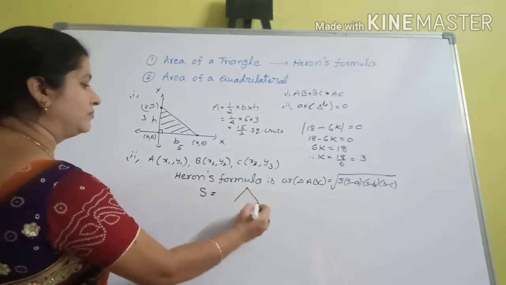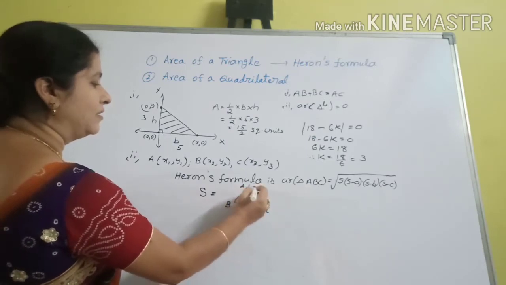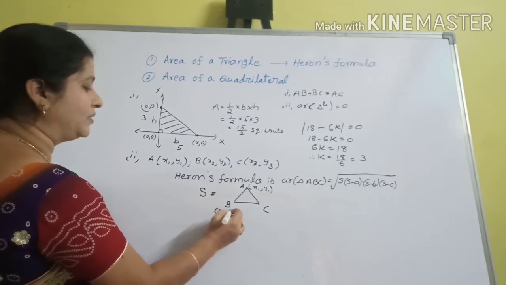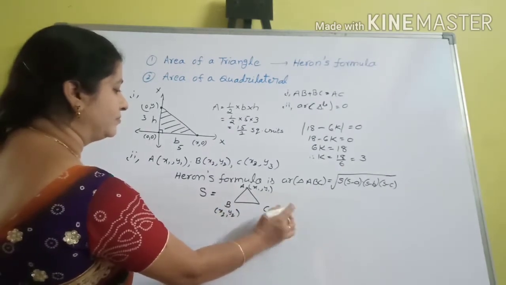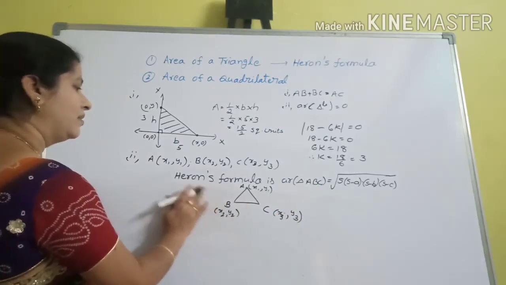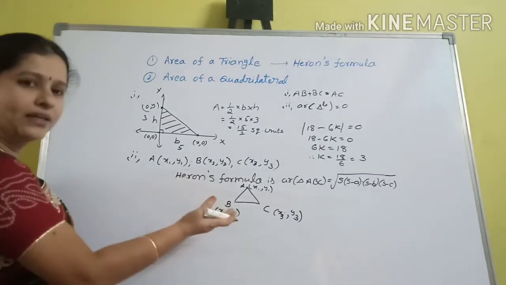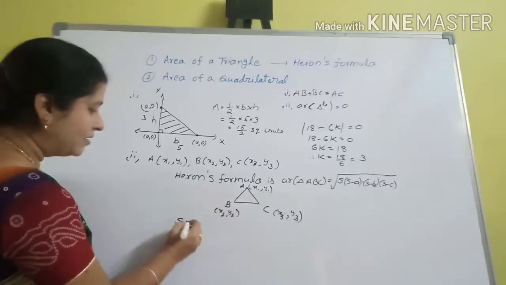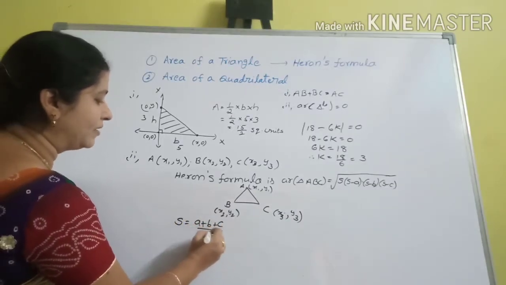Suppose we consider triangle ABC: A (x1, y1), B (x2, y2), C (x3, y3). So by using Heron's formula, how can you find the area of this triangle? S means semi-perimeter, which means half of the perimeter.